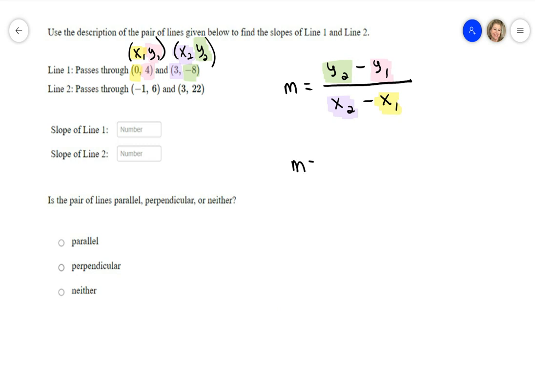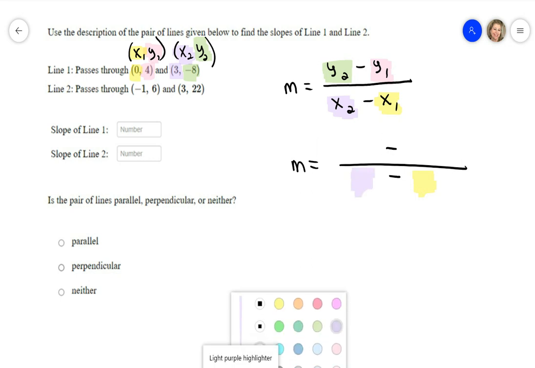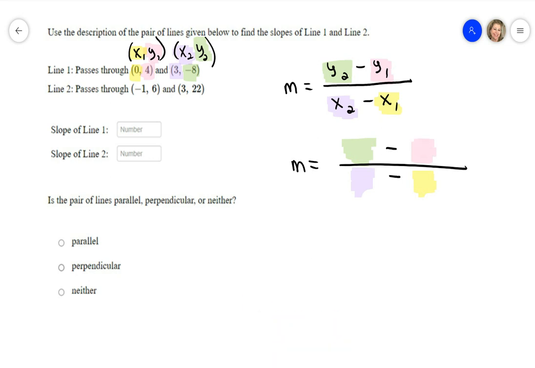So for my first line, I'm going to plug all those numbers in. So the yellow is here. I'm a color coding fool. Purple goes there, green goes there, and pink goes there, and I just pull out all the numbers.